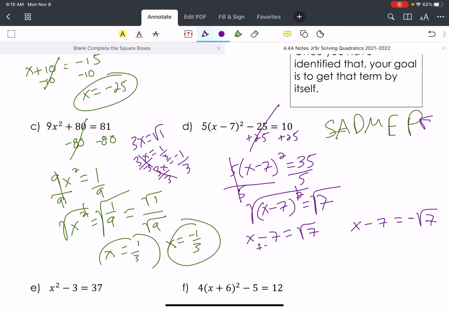So then now I can add the 7. Did you add 7 to 7? No, because these ones are not like terms. One is rational and one is irrational. So you just have to leave them separate. One's in a square root and one's not.